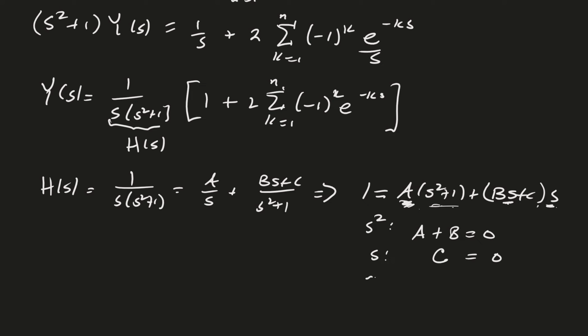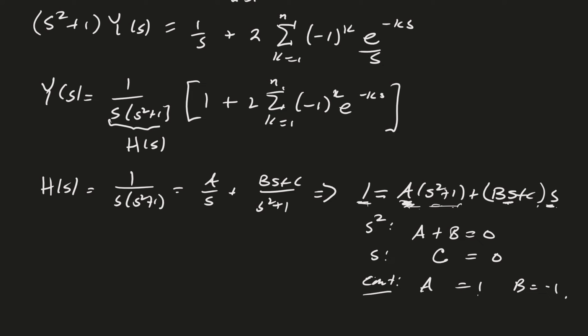And then the constant will be, I've got an a there. Okay, so that's all my constants, but that's going to be equal to 1 instead of 0, right? So therefore, c equals 0, a equals 1, b is minus 1. Good. And so therefore we have all of our constants.